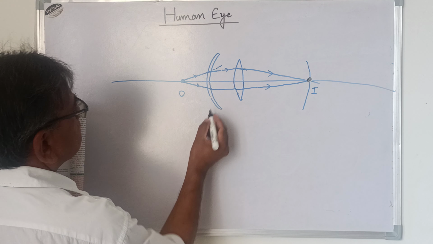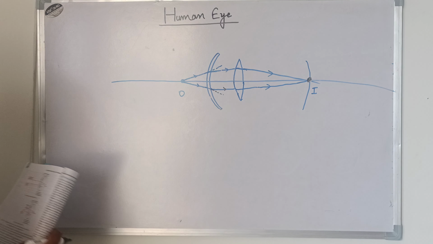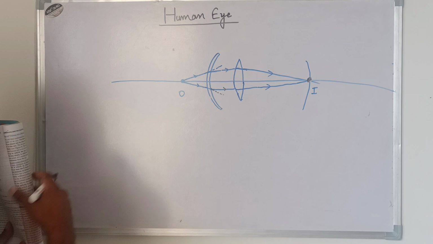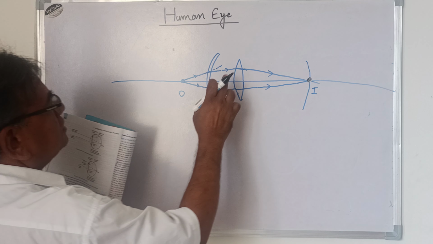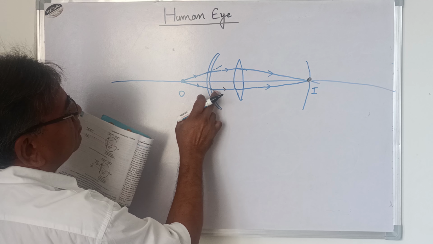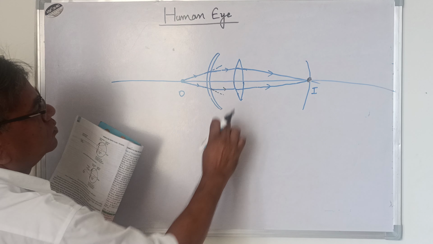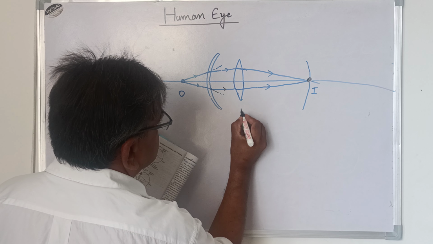What do you see? You see that when the object is very near, the lens gets the diverging rays. So it has to bend them because this distance is fixed.